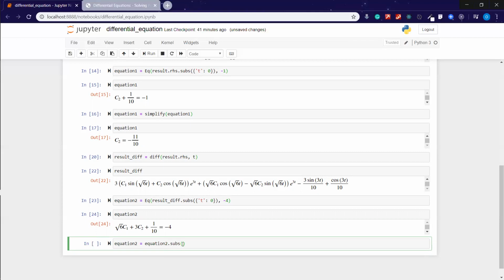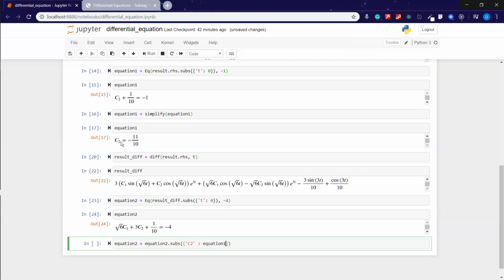Now we're trying to substitute for C2. Since we have C2 already, we're trying to substitute for C2 in this equation. So how do we do that? We pass in our dictionary, then type C2. And what's the value for C2? The value for C2 is simply equation 1, which is what we have right here.